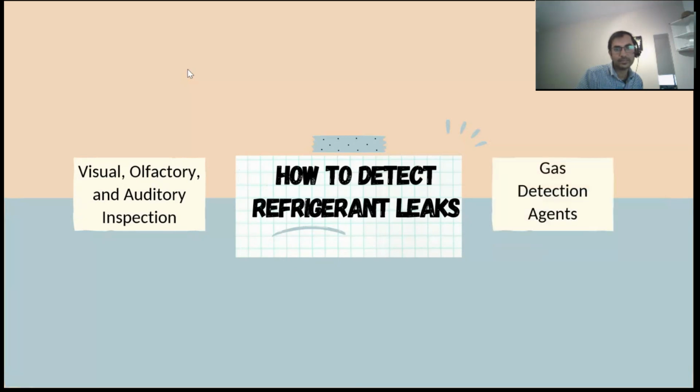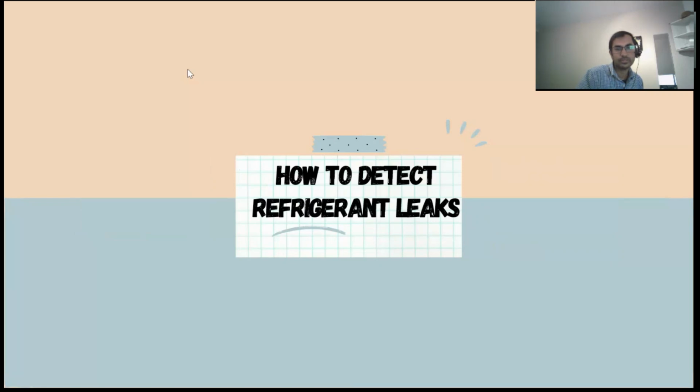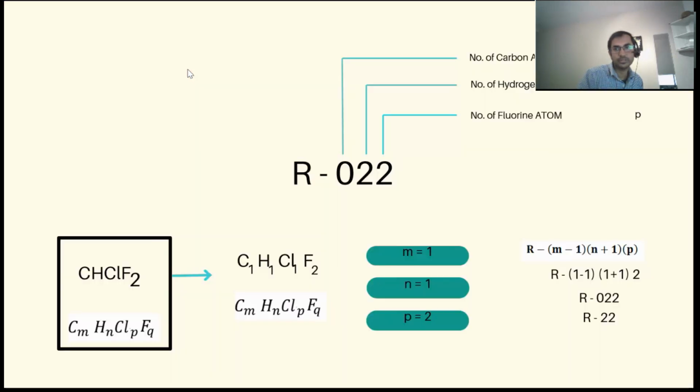Excuse me, sir, in the last slide, the P value is 1 now, sir? Sorry, P value is 1, right, sir? Cl is 1. Just a second. Where are you telling?